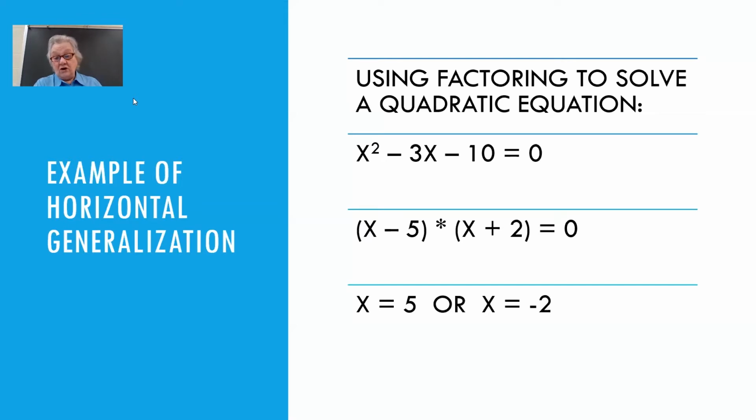Everybody knows that if you have 2 quantities multiplying to 0, then you can set each one of them equal to 0. If I set x minus 5 equal to 0, that gives me an x value of 5. If I set x plus 2 equal to 0, that gives me an x value of minus 2. These are the 2 values of x which, plugged in here, will give me a 0.